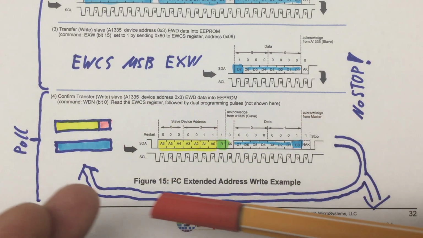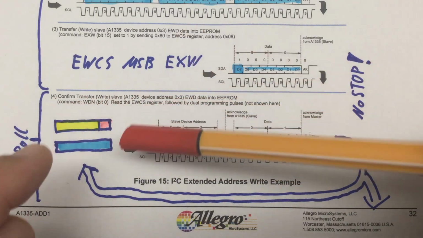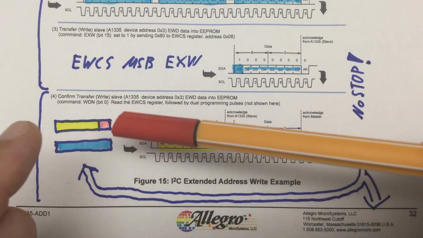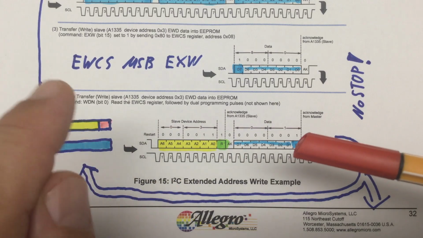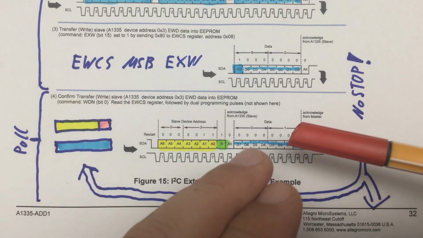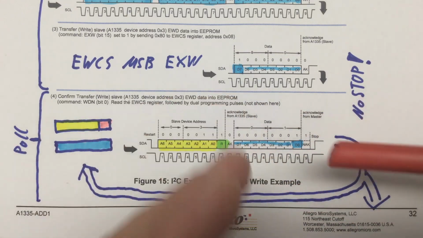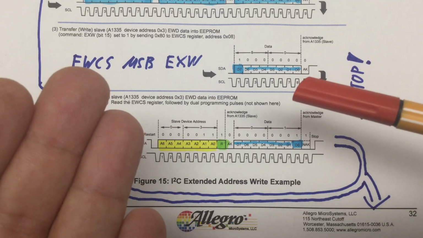Otherwise, we do a write again to our device, just transmitting the address of the least significant byte of the extended write control and status register. And then everything starts again until finally that bit is set or a timeout occurred.